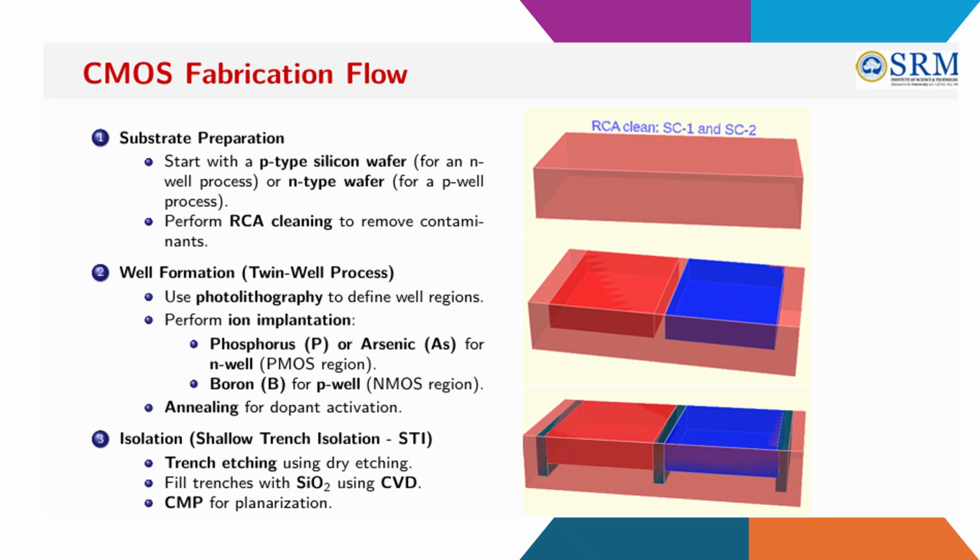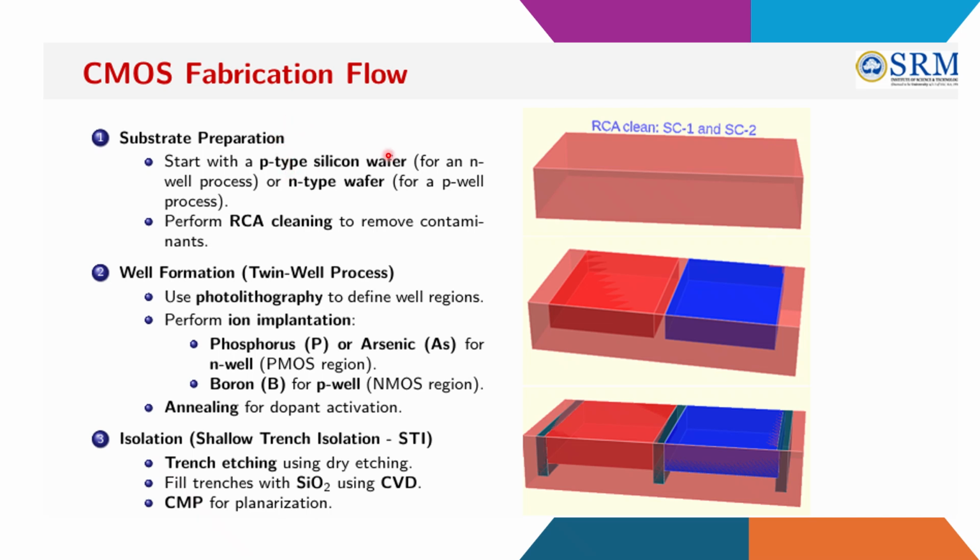Step number one: in order to fabricate the CMOS inverter, first we need a base material over which we can fabricate. The base material is called the substrate. Now what type of substrate can we consider? The substrate may be either a P-type silicon wafer or an N-type silicon wafer. Now how will we choose?